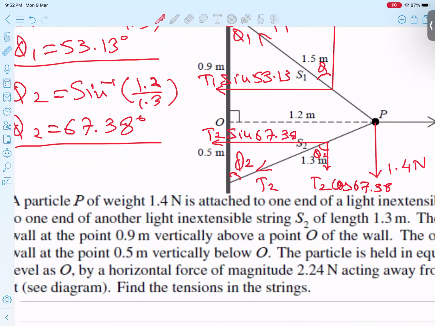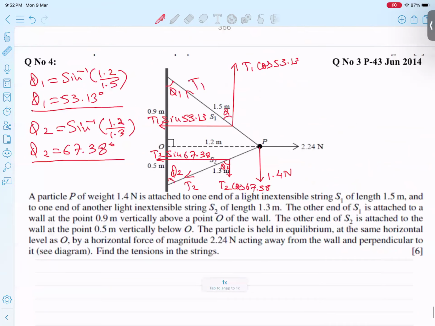Now students, right side forces equal left side forces; these are the horizontal components. Upward equals downward; these are the vertical components.